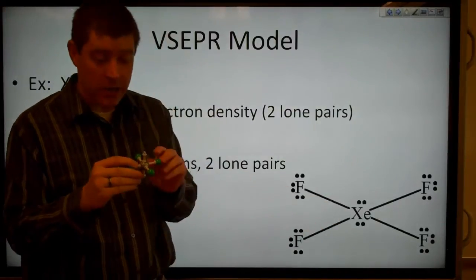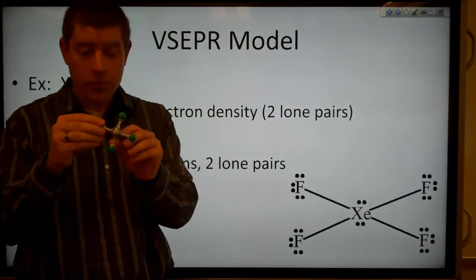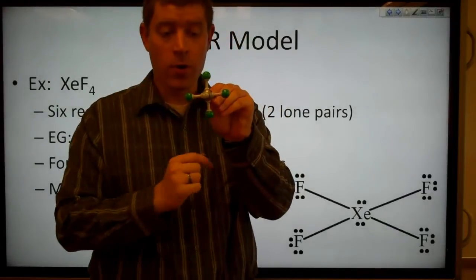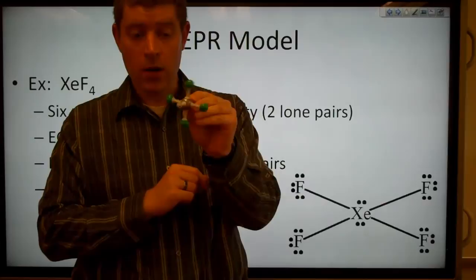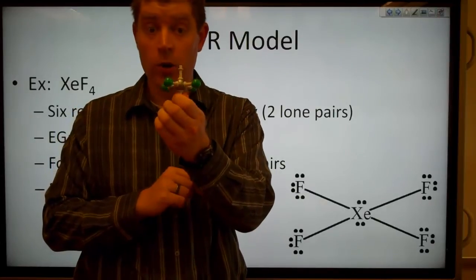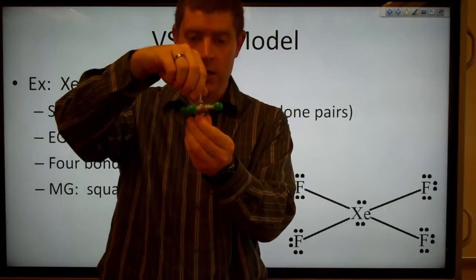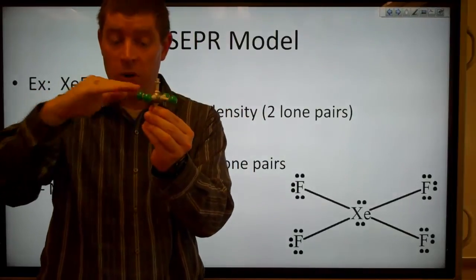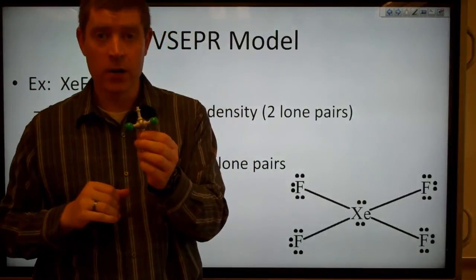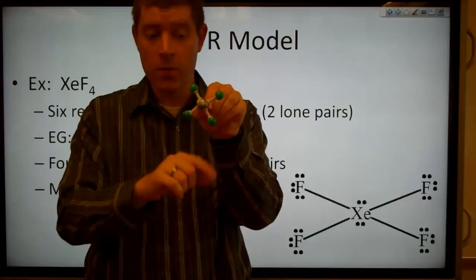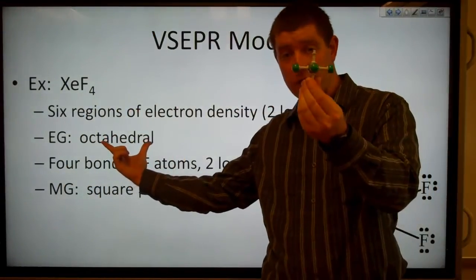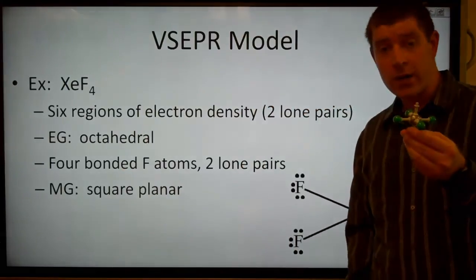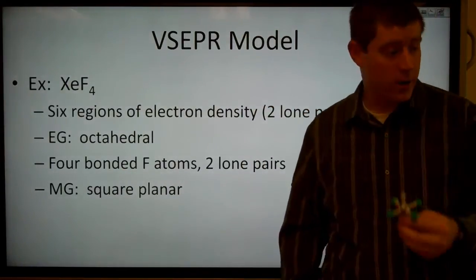We've got 6 regions of electron density around the xenon, and we put 4 fluorine atoms bonded all in the plane, in the equatorial positions, and because it's all planar, that gives us a square planar geometry. It's not trigonal planar because we are forming a square here instead of a triangle. So our electronic geometry is octahedral, and our molecular geometry is square planar.